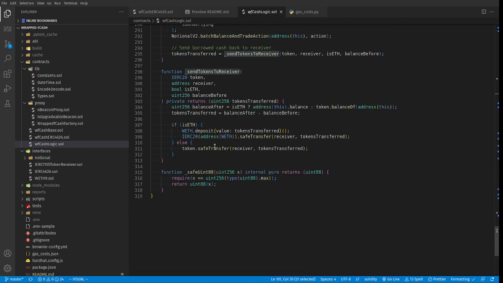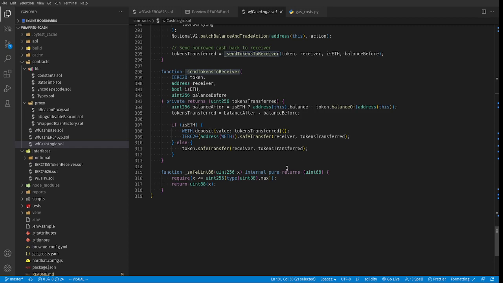This is used in a number of places throughout the contract, and what this is, when you lend fCash, because of the way the liquidity curve works, it's very sensitive to changes in time and cToken exchange rates that also change over time.